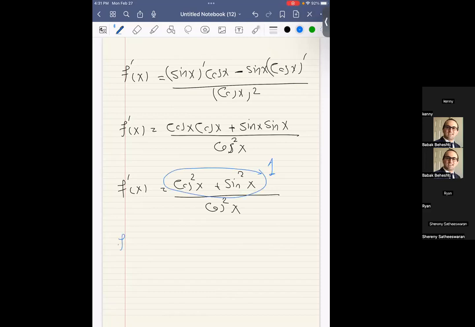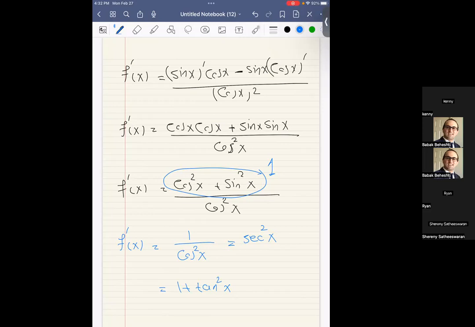So f prime would be equal to 1 over cosine squared x, which is equal to secant squared x, and this is also equal to 1 plus tangent squared x. So we could either write it as secant squared x or 1 plus tangent squared x, because 1 plus tangent squared is exactly equal to secant squared.